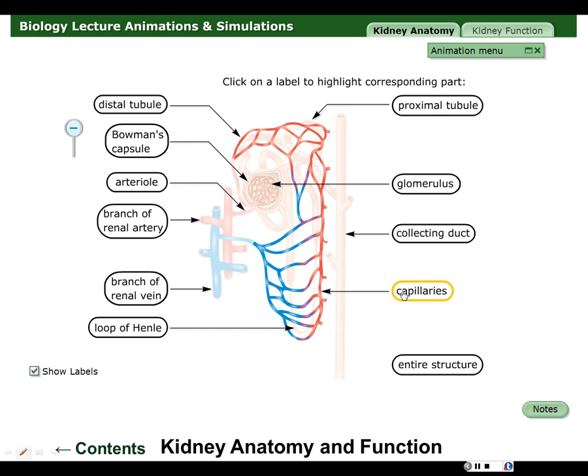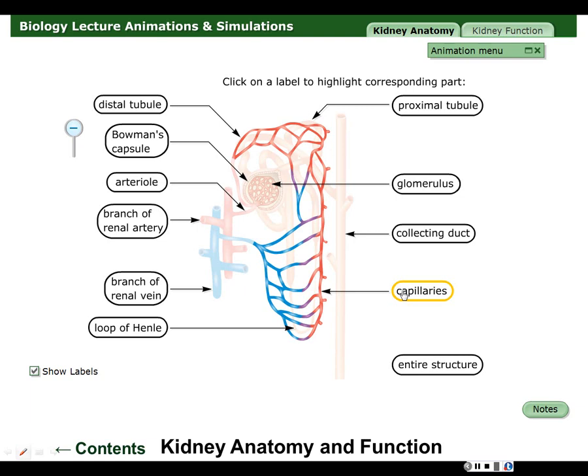Forms filtrate, which we'll come back to in just a minute. I want to stay in the blood vessel, though. Any blood that's not filtered enters into the efferent arteriole, then into the peritubular capillaries, which we'll get to in just a minute.